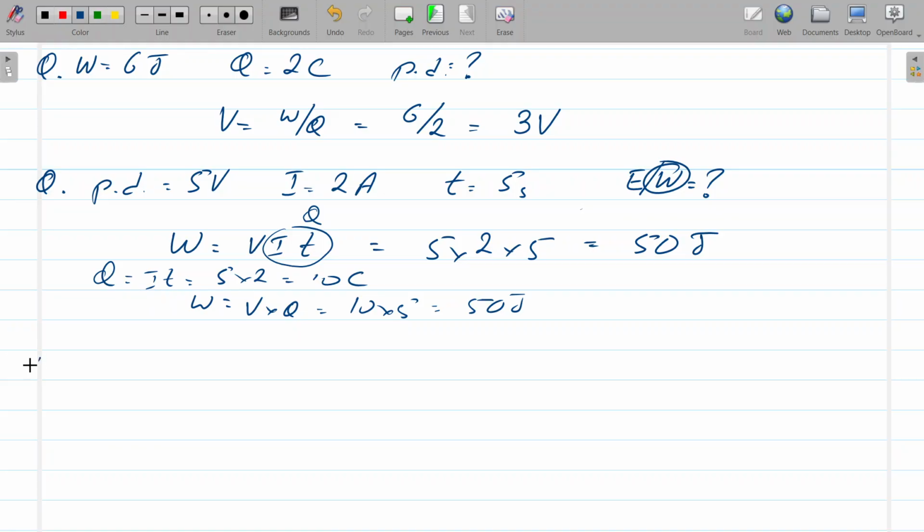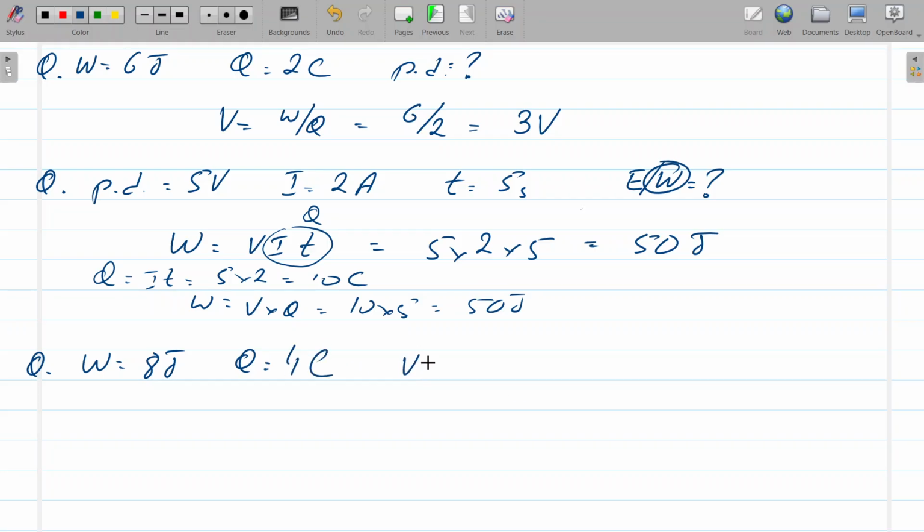Another question. They're asking you the potential difference across a lamp in an electric circuit when the work done is 8 joules. So work is 8 joules, right? And the charge is 4 coulombs.